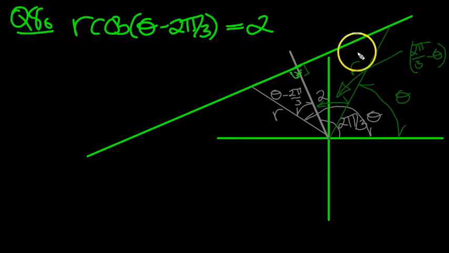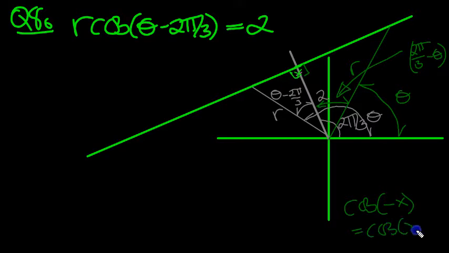So if we do r cos of this angle, (2 pi over 3 minus theta), it will equal 2 if it's on this line. But the good thing about the cosine is that it has the property cos(minus x) equals cos x. So by invoking that property, you can flip those two things around and we end up with what we wanted. So yes, indeed, that's true.